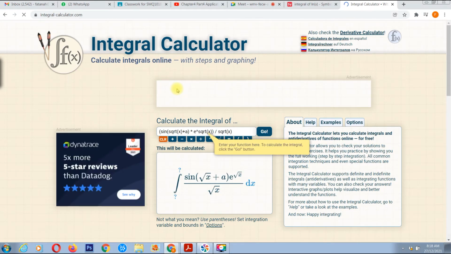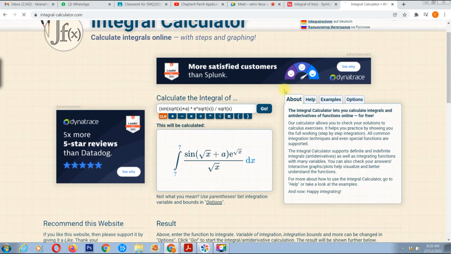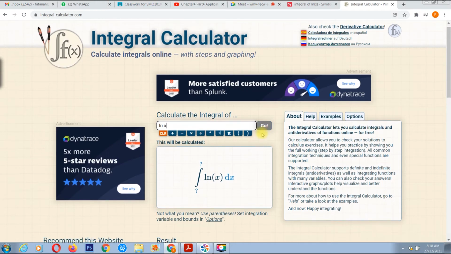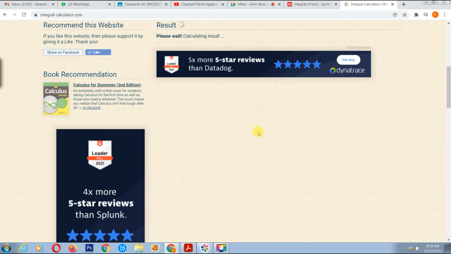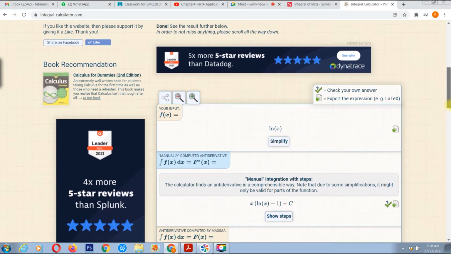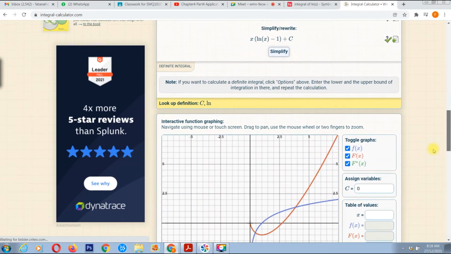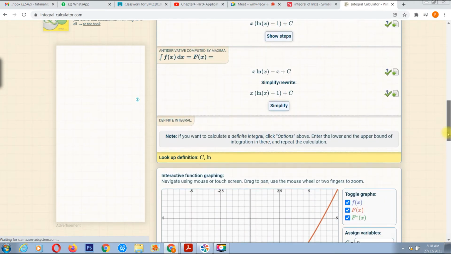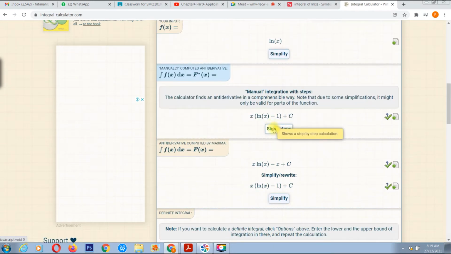Integrate ln x. Go. Simplify. Do they write the working here? They do not write the working. Show steps.